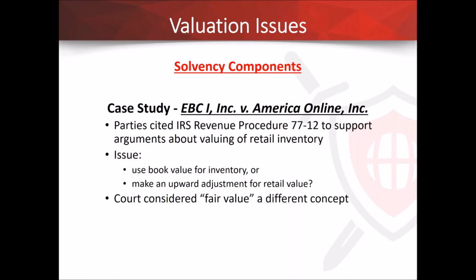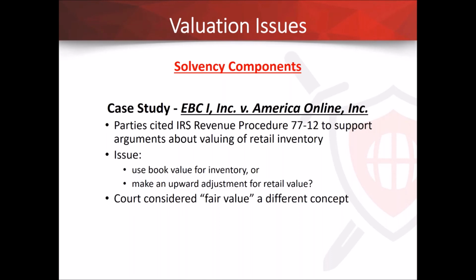Here's one of interest. I want to leave time to take questions, but this goes back to our point. This is an example of where IRS rules and other accounting procedural rules might differ from how courts will do an analysis. The issue in this case with EBC was the value of certain retail merchandise that had not been sold.